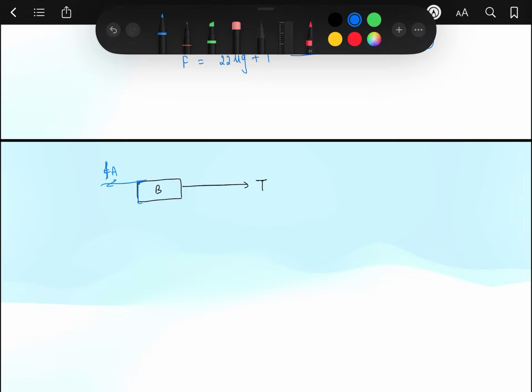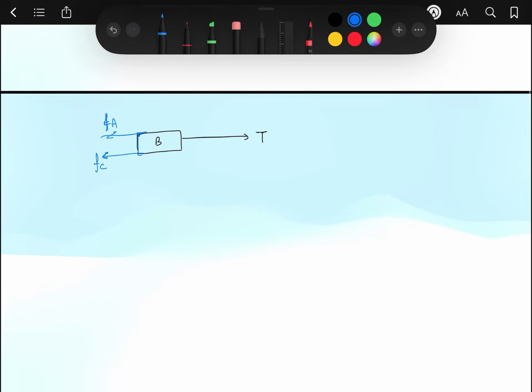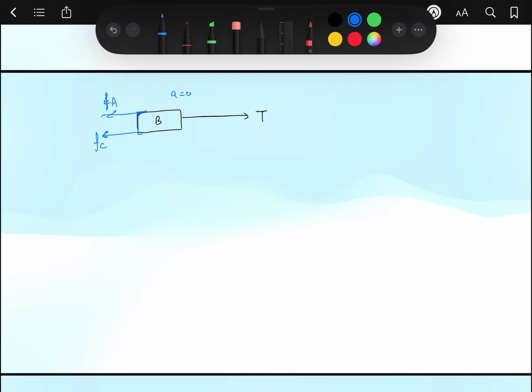Similarly, there will be a frictional force acting in leftward direction due to the contact with block C, so that will be FC. Since this block also has acceleration equal to 0, the equation of motion will be T, the tension force, balancing FA plus FC, okay.